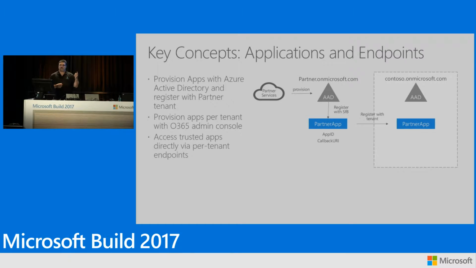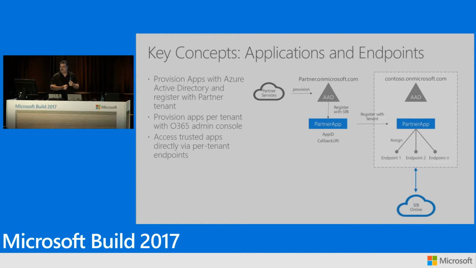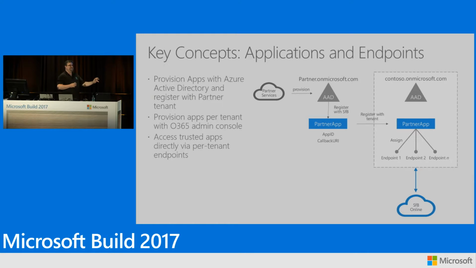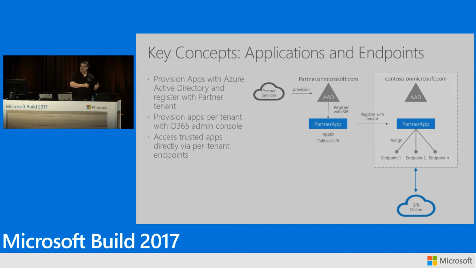And once you're there, part of that step is allowing you, when you want to talk with Skype for Business Online, to create not just a single endpoint, but you can in fact have that same bot respond on multiple endpoints. And you can use that endpoint to help describe and configure some of the information. So for example, if you wanted to have the same bot that could handle IT help desk as well as a sales help desk, or if you wanted to have one endpoint that was for US support and another one that was for European support.